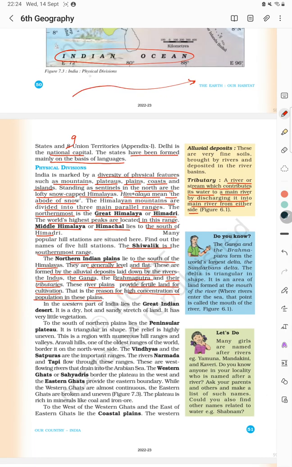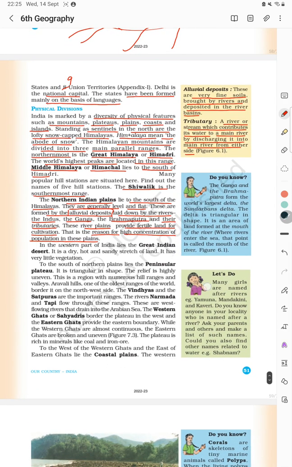You have noticed some streams will join from both sides of this river, so these are known as tributaries. Now what are alluvial deposits? These are very fine soils brought by rivers and deposited in the river basin.